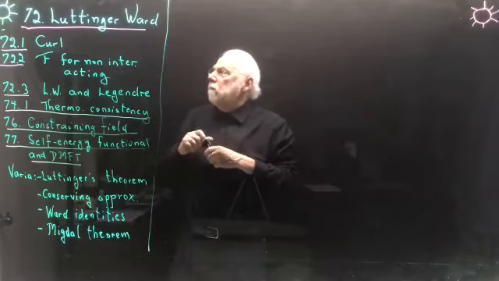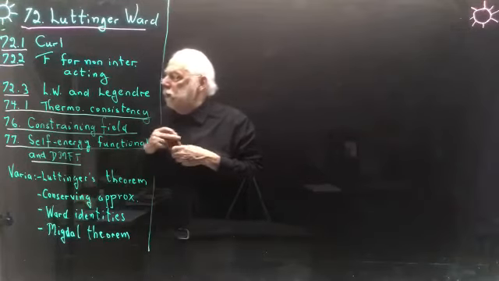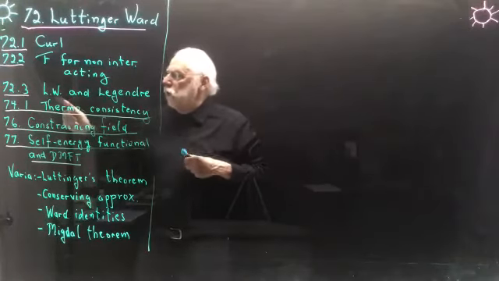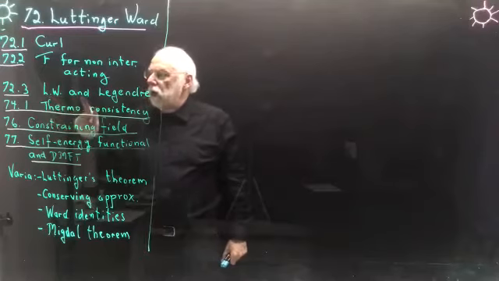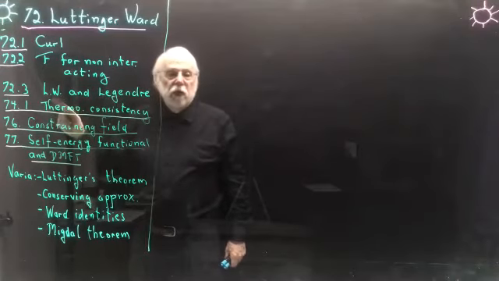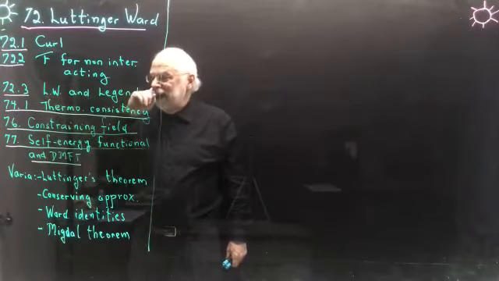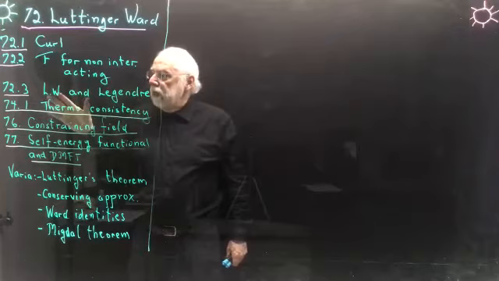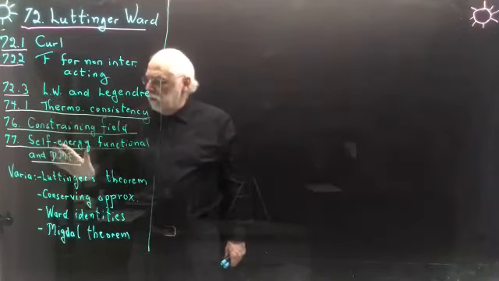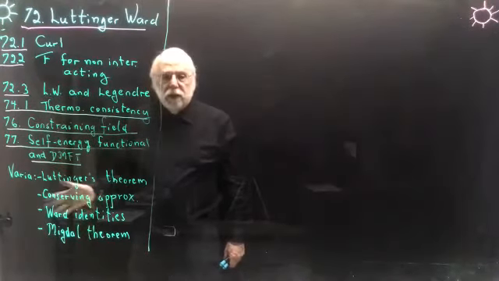So I will try to show you the Luttinger Ward functional and the Kadanoff Baym functional, and show you that they can be the basis for approximations that satisfy conservation laws and thermodynamic consistency.